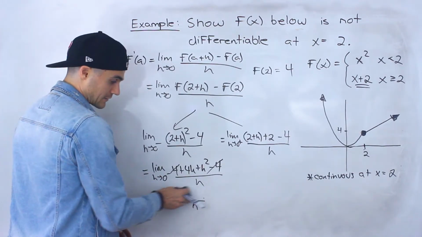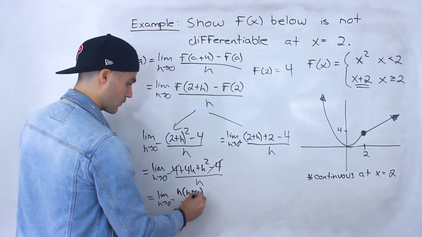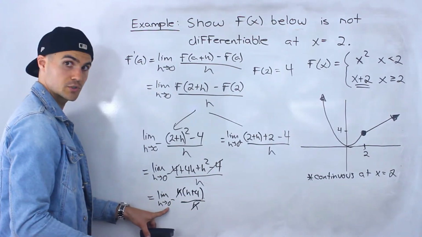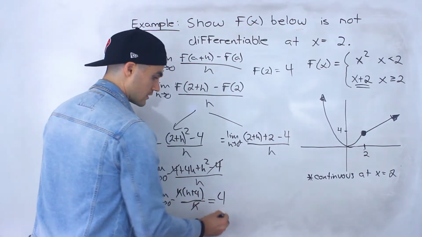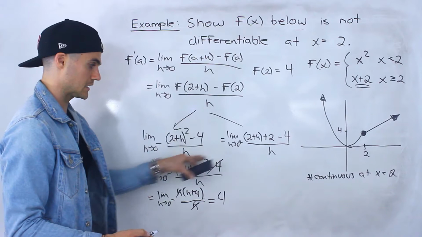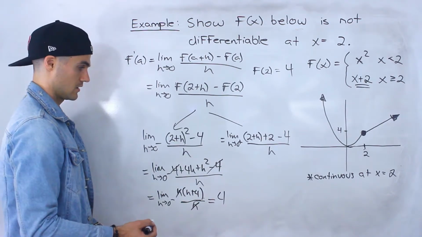Notice that we could factor out an h from the top, which would be h plus 4. Now the h's cancel out, and we could just do a direct substitution and plug in 0 for this h. So we would end up getting 4 for this limit. This limit here would simplify to 4, right?